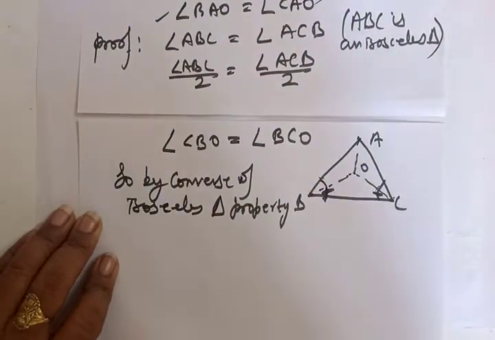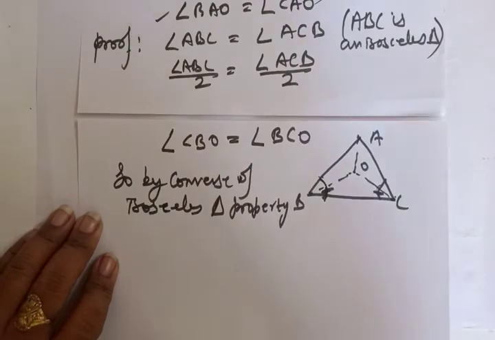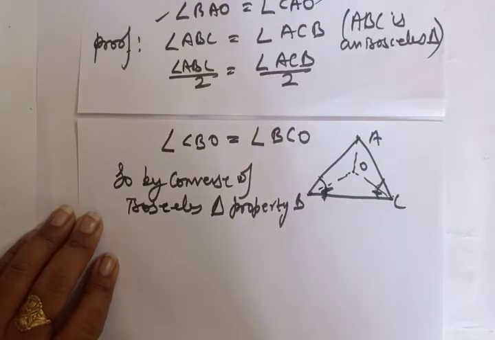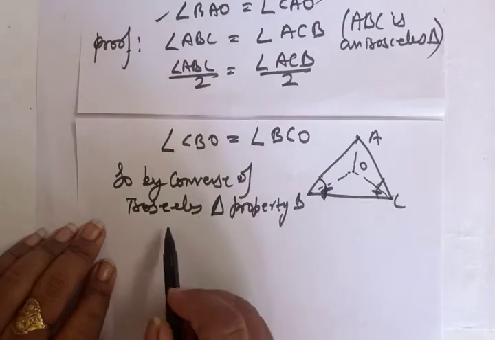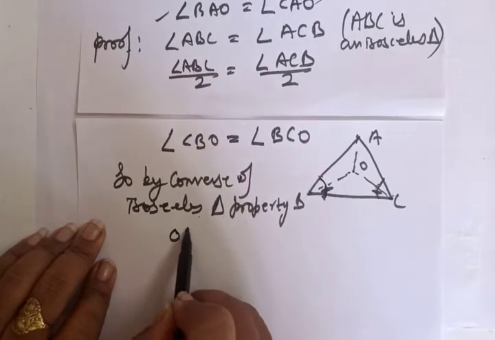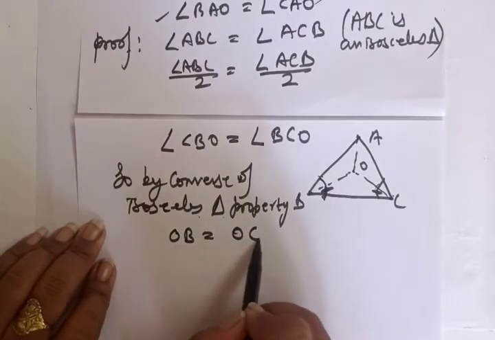We proved in the previous video that if the opposite sides are equal, then their opposite angles are also equal to each other. And what is the converse? The converse is this: if the opposite angles are equal in any triangle, then the opposite sides are also equal to each other. So by converse of isosceles triangle property, we get OB is equal to OC.